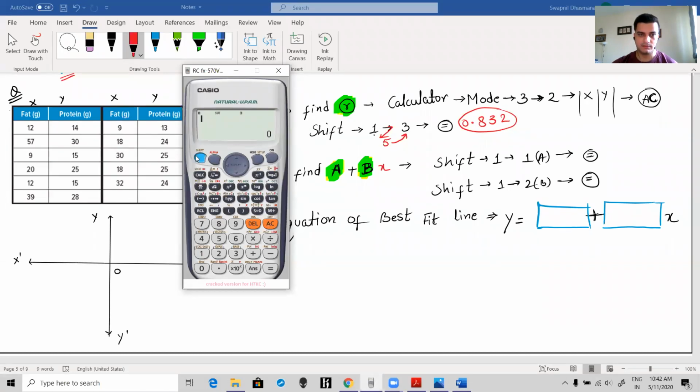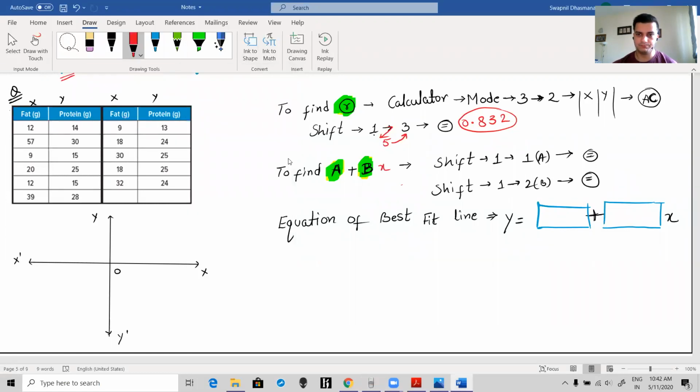Again, I'll do AC, Shift, stats, 1, 5, 1 equals 13.6875. So I'll write it down in some time. Again, to find the value of B, you can go Shift 1, 5, B equals 0.341.